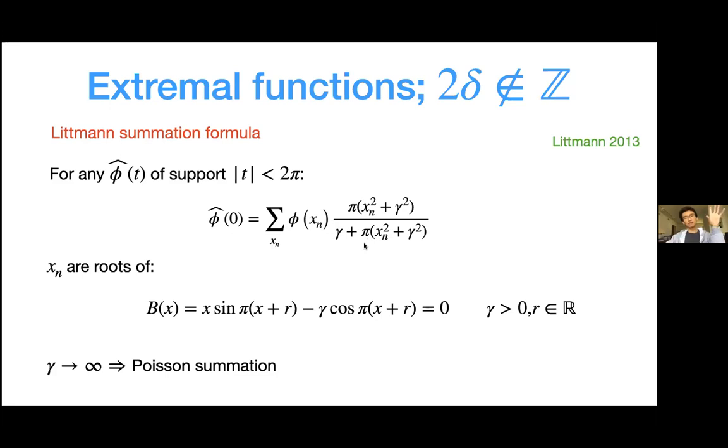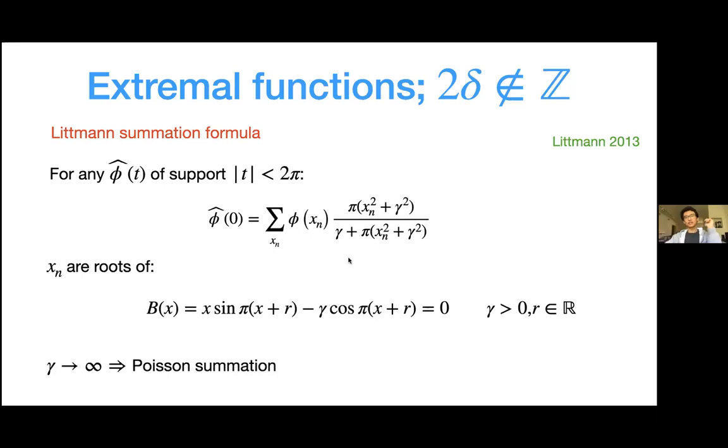The interpretation of this formula is that there's some underlying Hilbert space of functions of exponential type, and let's say this phi hat is like a norm squared of some function.